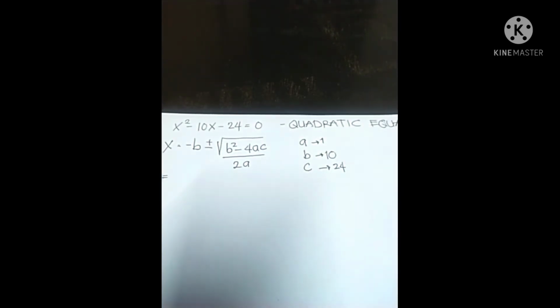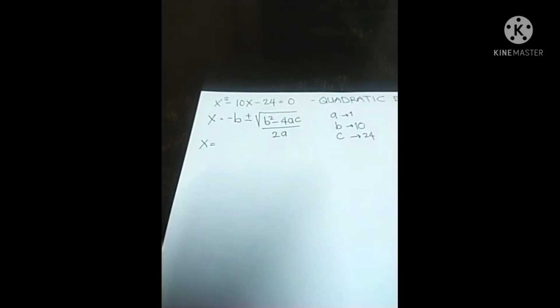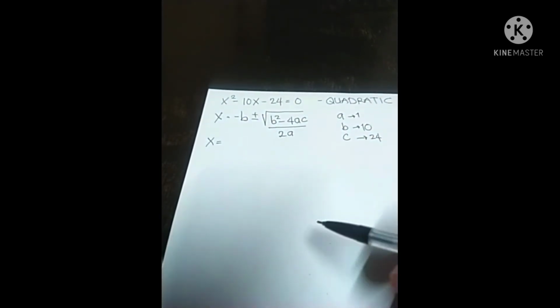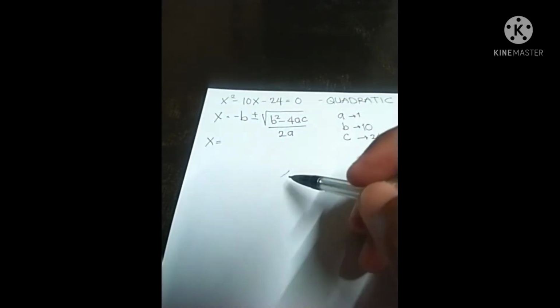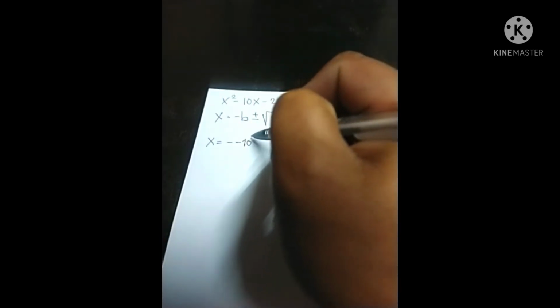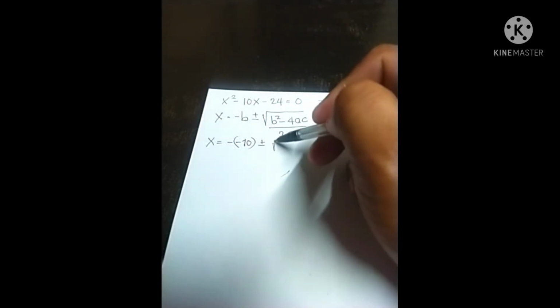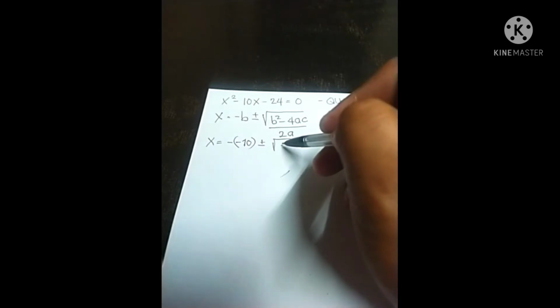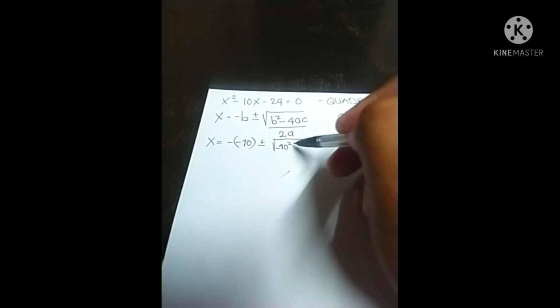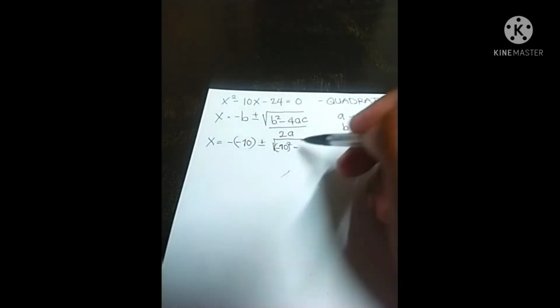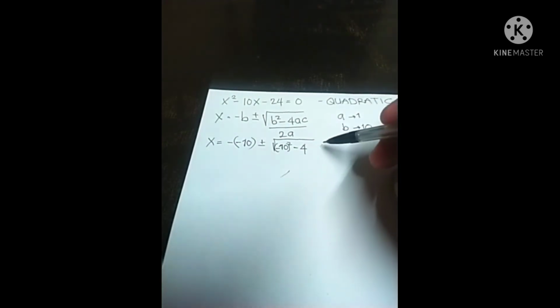So, ngayon guys, pwede na tayo mag-proceed sa pagsagot natin ng nitong quadratic equation. So, x is equals to negative b, which is negative 10, plus or minus square root of 10 squared, which is negative 10, minus 4.